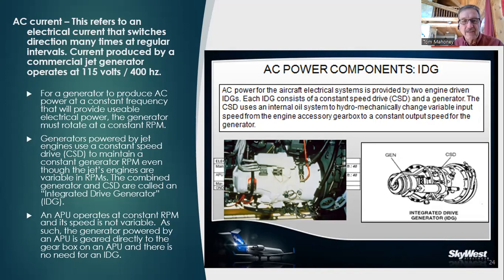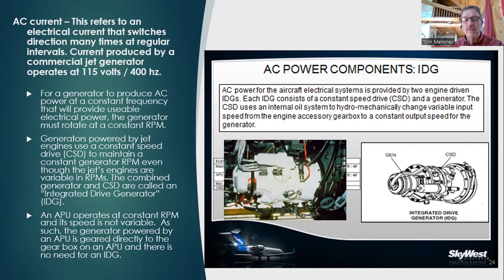Generators powered by jet engines use a constant speed drive to maintain constant generator RPM, even though the jet engines are variable in RPM. The combined generator and the CSD are called an integrated drive generator, IDG. So you'll hear a lot of pilots talk about, well, we got the IDGs operating properly. What they're really referring to is a combined unit of a generator and a constant speed drive.